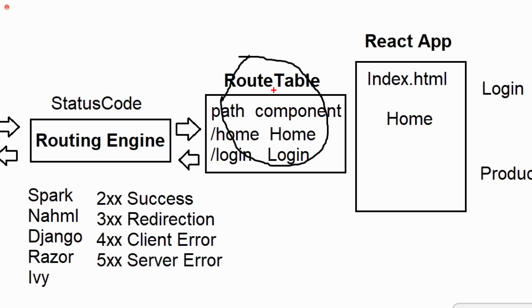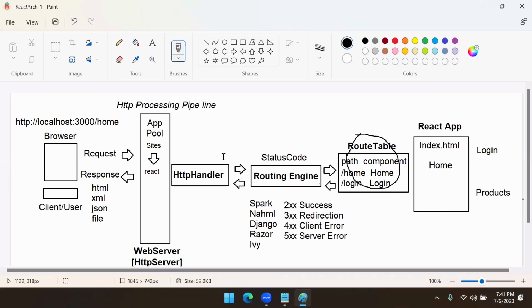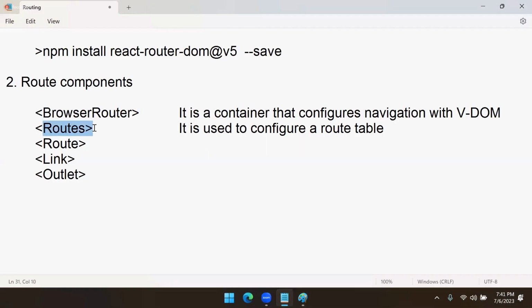In this table, how many routes are there? Two routes. One route is home, another route is login. This is a collection of routes. And how is this collection created? The collection is created by using these routes.